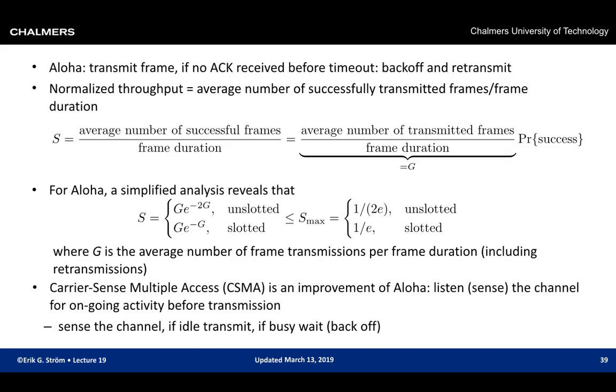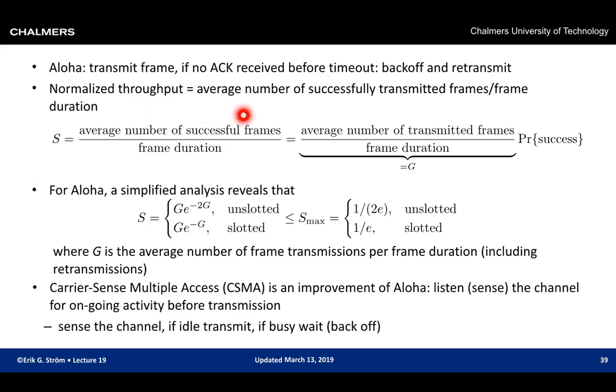For Aloha, which is one of these uncoordinated random access schemes, we transmit the frame and wait for an ACK. If there is no ACK, then we back off and retransmit. It's a super simple protocol, almost like stop and wait, except that we have this random back off.